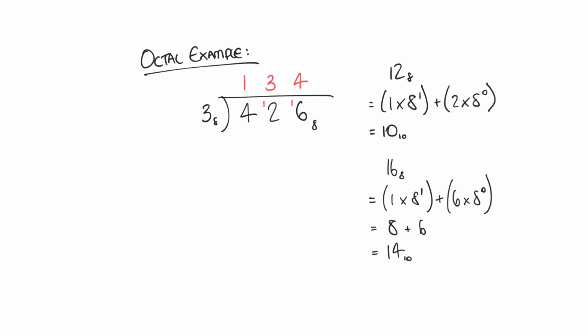It has a remainder on the end there. So what we can do is finish up there and say that what we found is that 426 to the base of 8 divided by 3 to the base of 8 is equal to 134 to the base of 8, remainder 2.